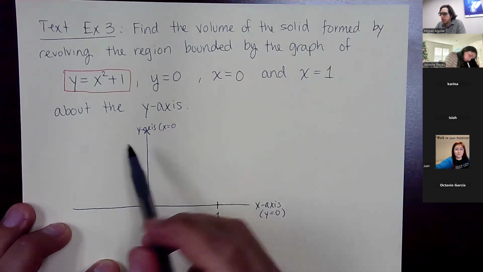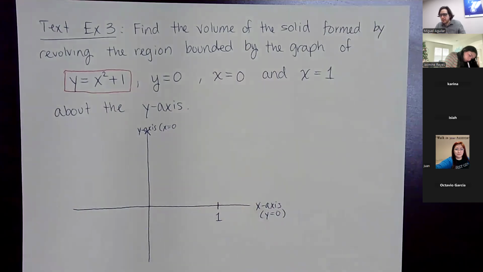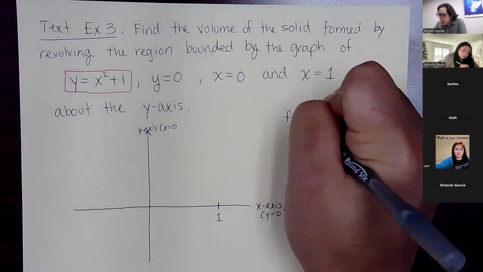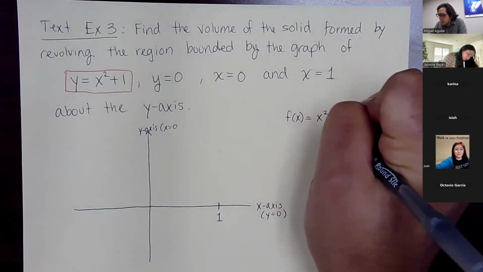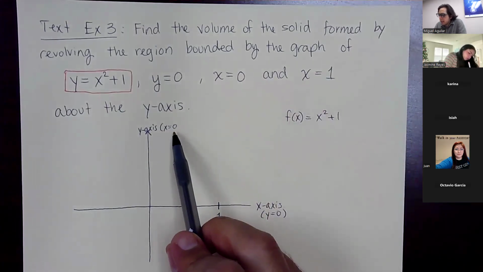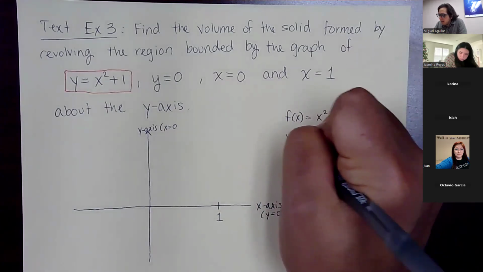Okay. Now, what does this function look like on the endpoints, we might ask. So if we take our function, I'm going to call it f of x is equal to x squared plus 1, then what we could do is set the x value to 0 to find the y-intercept.